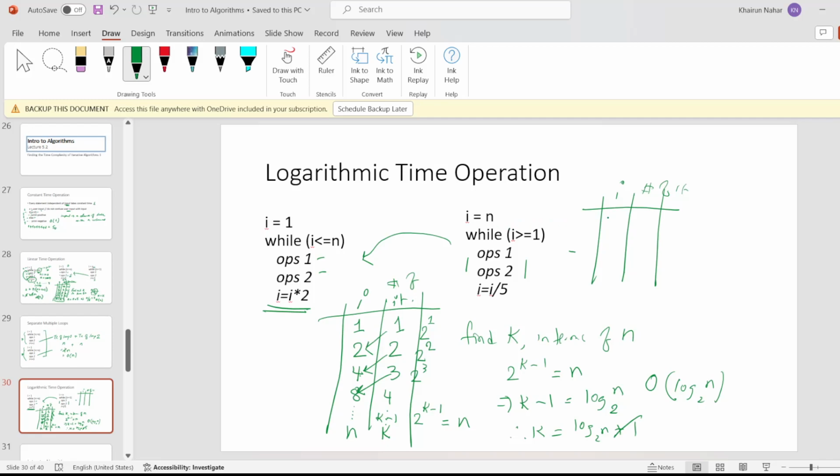So I starts from n, then we have n by 5, then we have n by 25 until it reaches 1. Okay, this is the first iteration, this is the second iteration, this is the third iteration, and this is up to k.